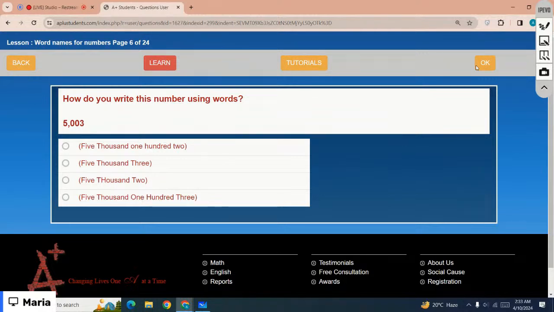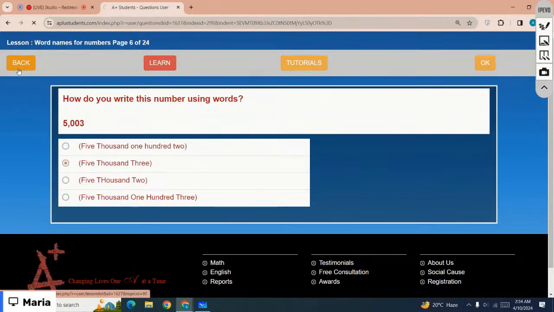Which is the correct option? That is 5003. Option number 2 is the correct option.